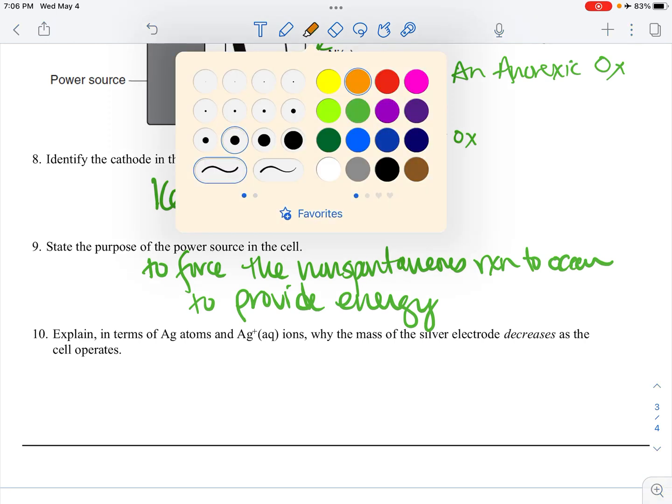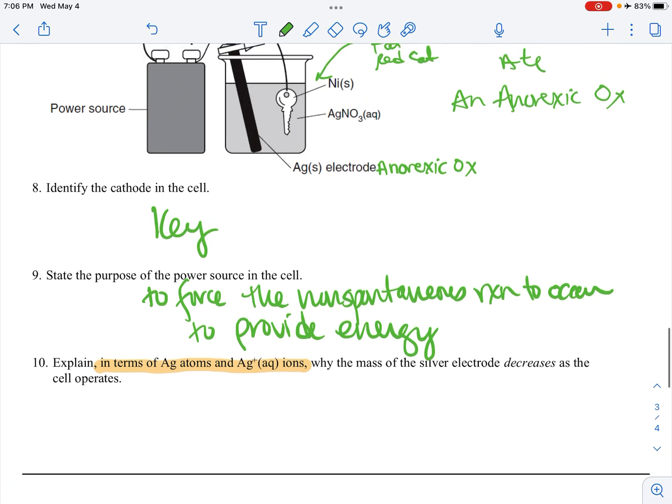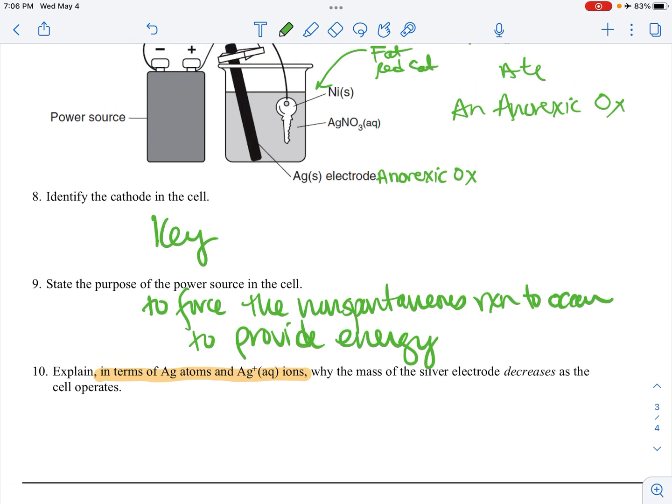Okay. In terms of silver atoms and silver ions, explain why the mass of the silver electrode decreases. Okay, so you have to talk about both. So, how do we start?